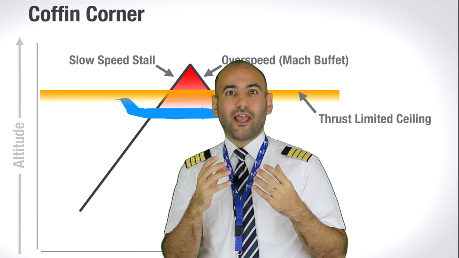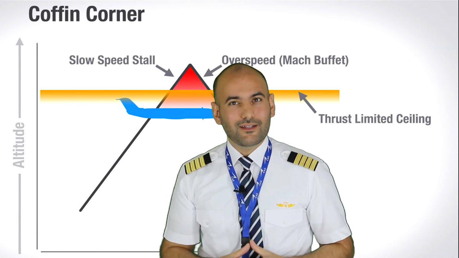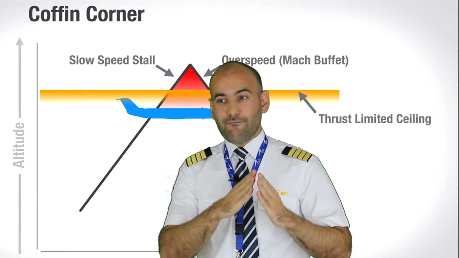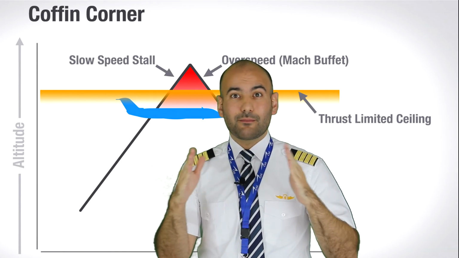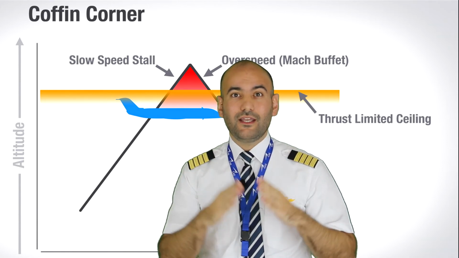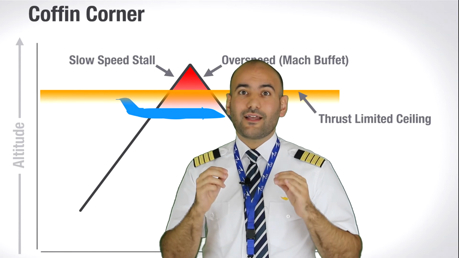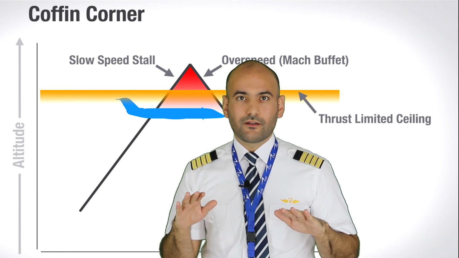Likewise, encountering turbulence could result in going beyond limits. So we can say at this point, if we increase or reduce the airspeed, we will cross the limitation of our airplane. In commercial and general aviation operation, flight at altitude approaching Coffin Corner is generally avoided.